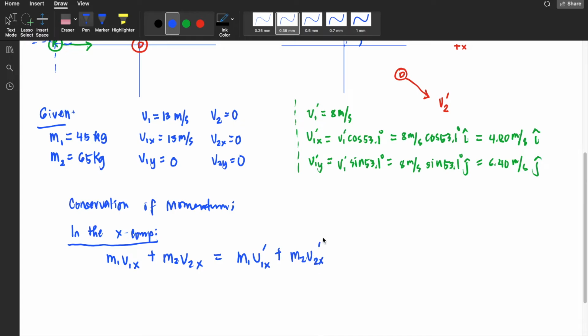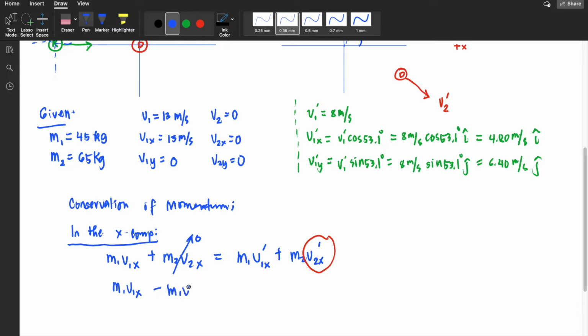Next, you're going to substitute your v1x, which has a value of 13, so you'll have m1 v1x. Your v2x is simply equal to 0. And you're looking for the variable v2x'. So all you have to do is subtract m1 v1x' from both sides of the equation.